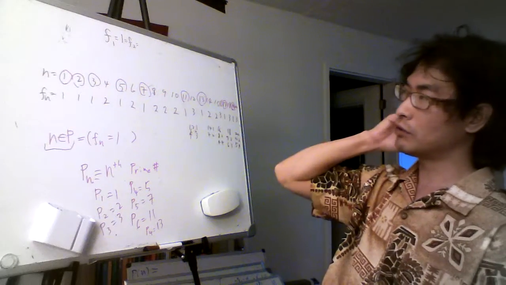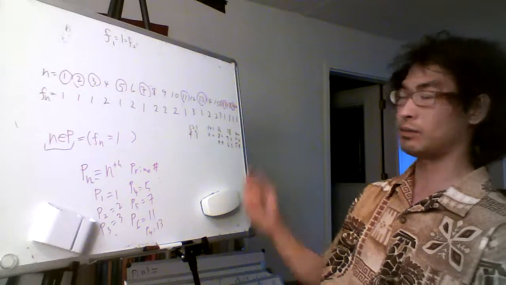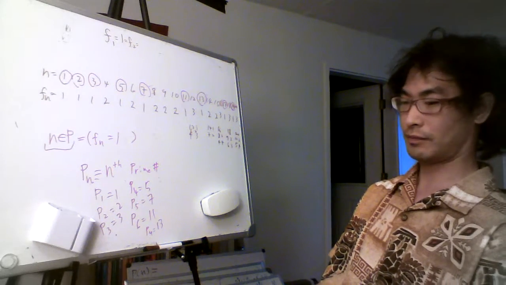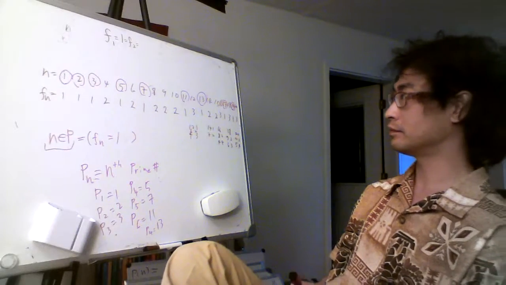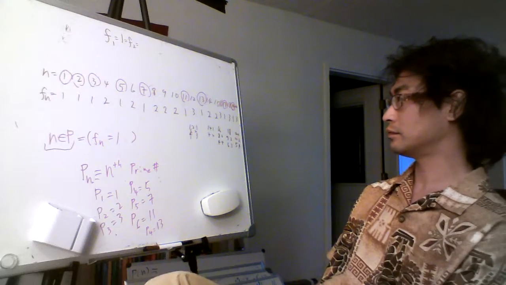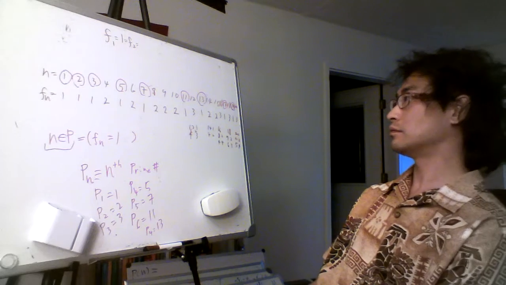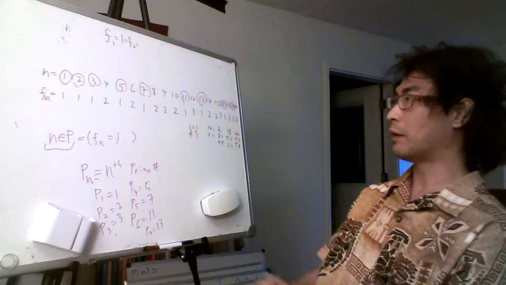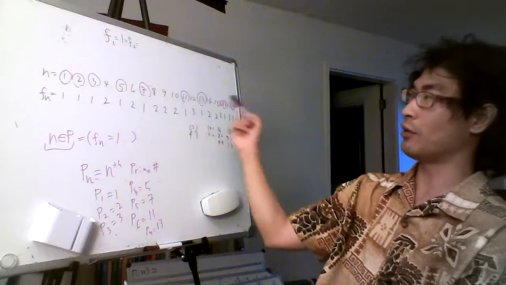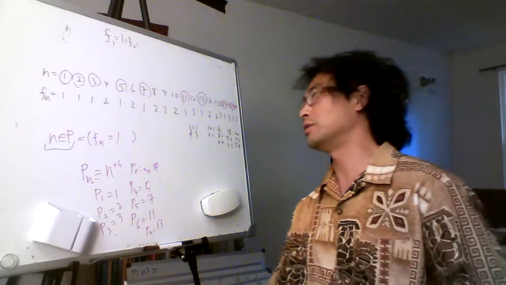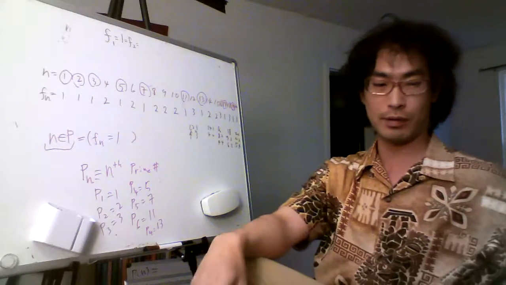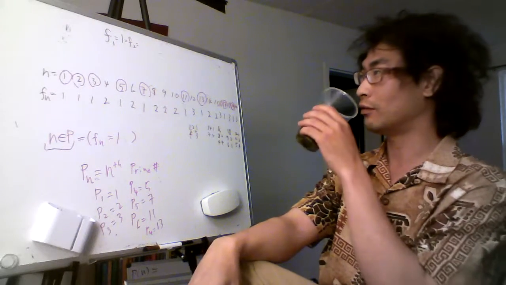You just cross them out, and what's left is the prime number. I mean, except one, because every number is one's multiple. So maybe that's why they don't include one as a prime number, but whatever.